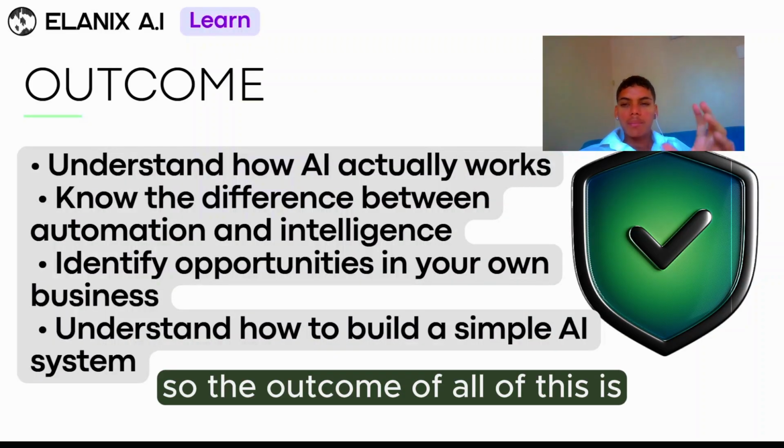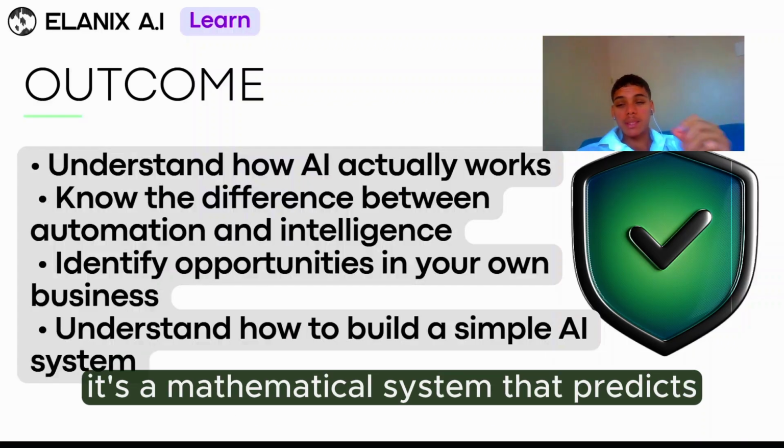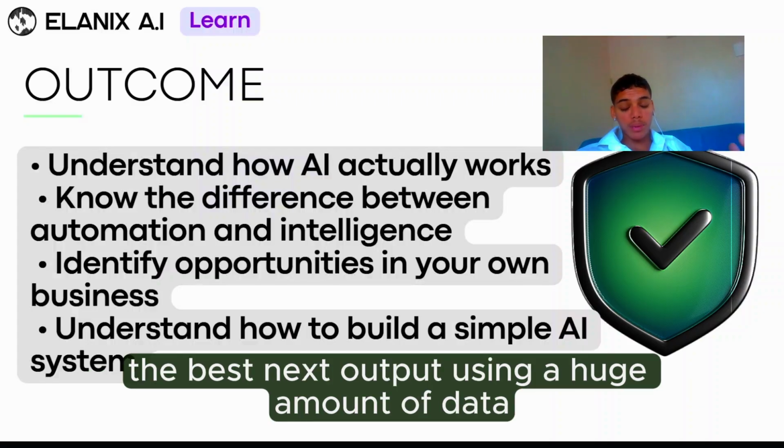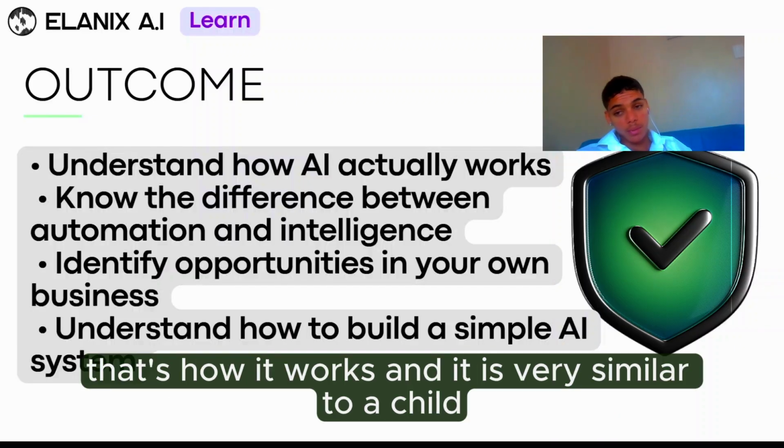So the outcome of all of this is now you should understand how AI actually works. It's a mathematical system. It predicts the best next output using a huge amount of data in data sets that it is trained on. That's how it works. And it is very similar to a child.